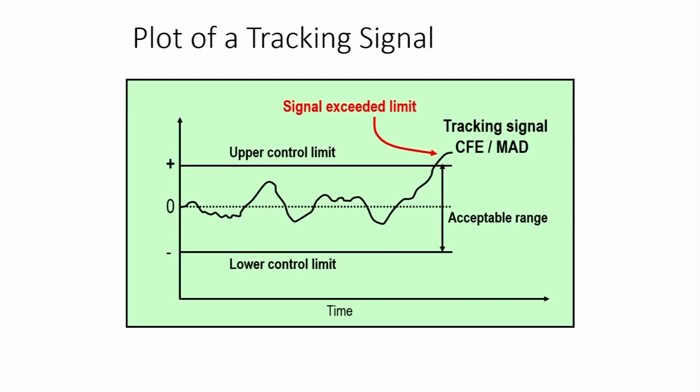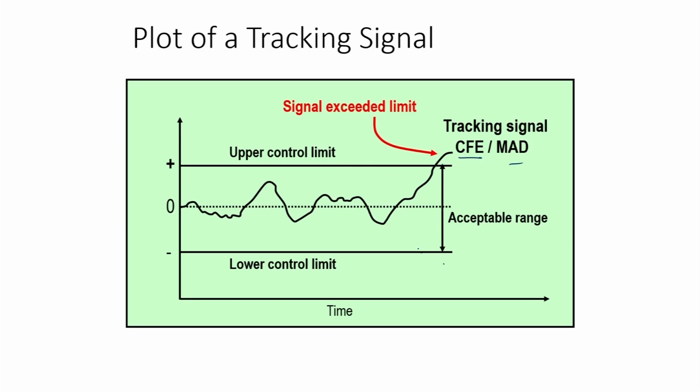So, we can plot it also, and we can take the concept of control limits. We will see that tracking signal is within control. If the tracking signal is going outside the upper control limit or outside the lower control limit, then that is a warning sign. That is a warning sign that if it is exceeding, that means your bias is much more as compared to the absolute error. You are biased, you are overestimating or you are underestimating.